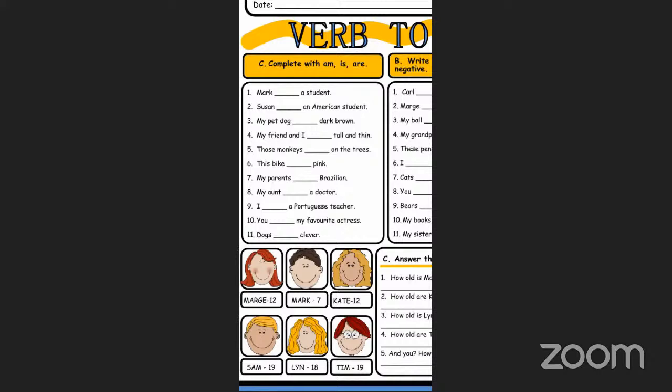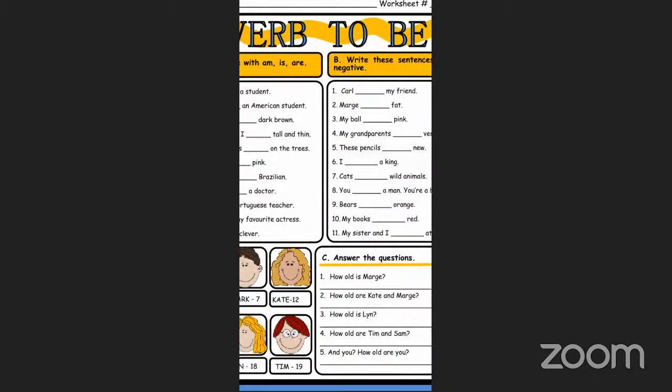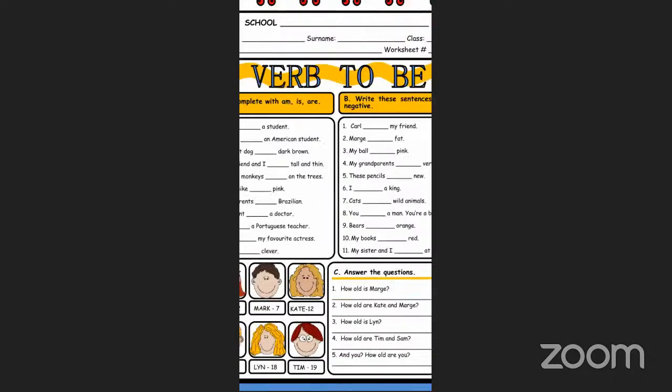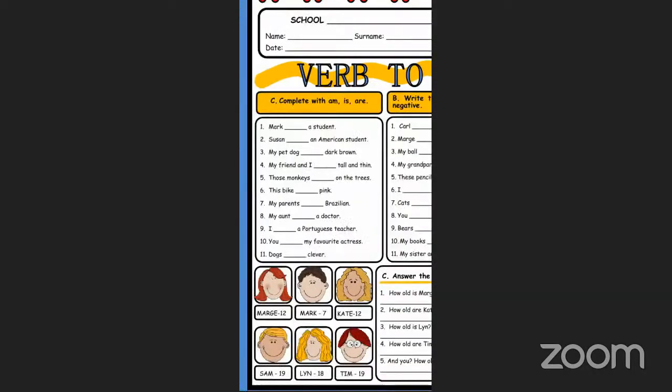The next one. How old are Kate and Margie? There are two people. Yes, same age, 12. So how do you give the answer? They are 12, because they are asking about two people. They are 12 years.